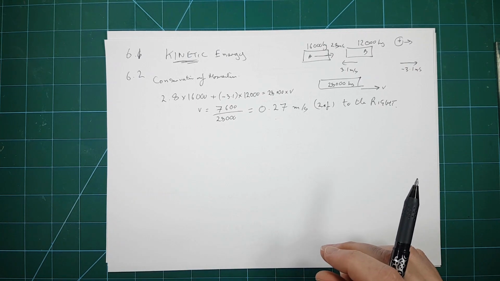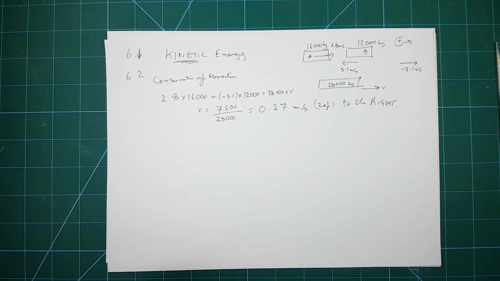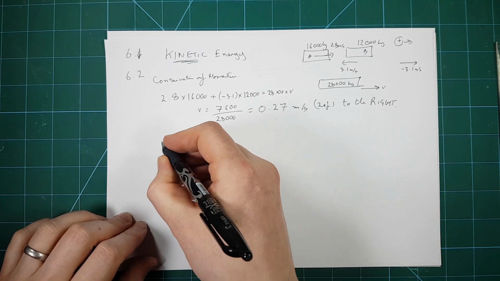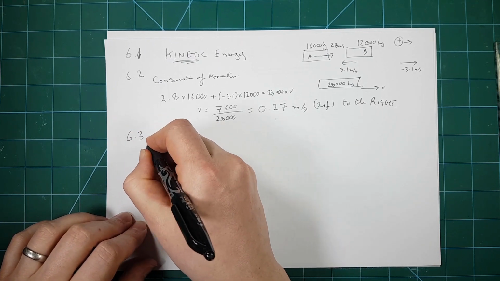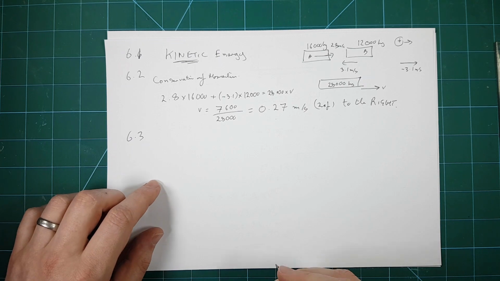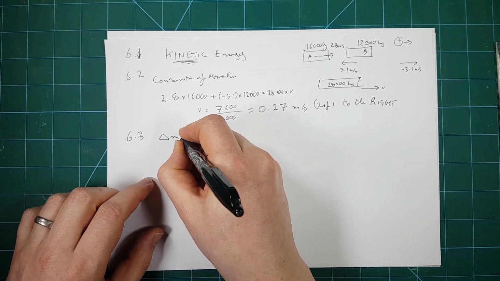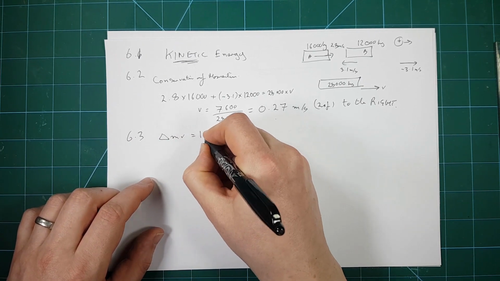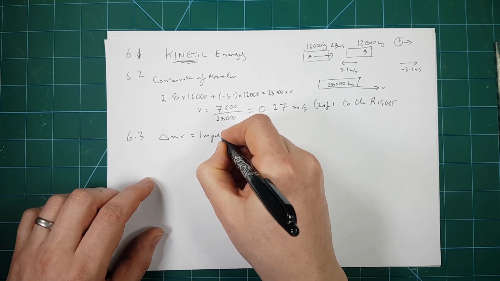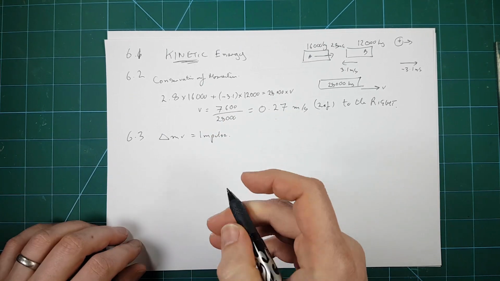Calculate the impulse that acts on each truck during the collision. Okay, so if we calculate one, it should be the same as the second one. So this is an opportunity to actually check our answer. So the impulse is the change in momentum. So we just need to work out the momentum before and after.